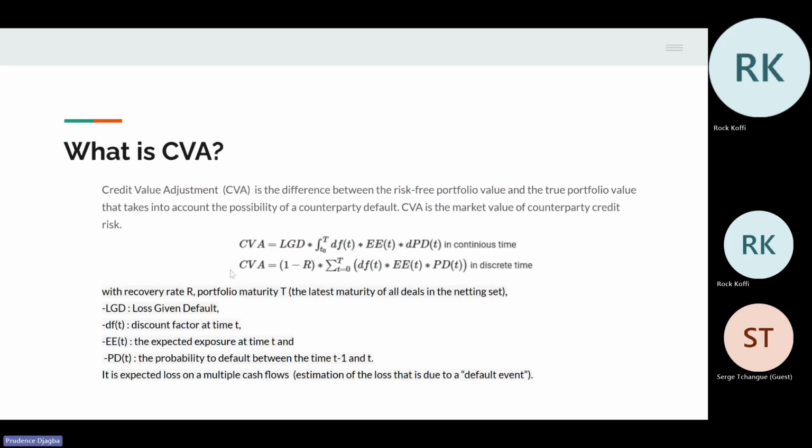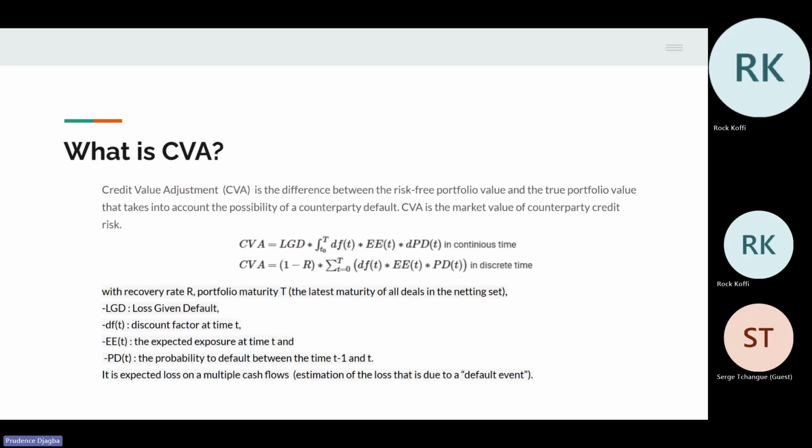And if we are in the case of a continuous type, I'm not so sure.